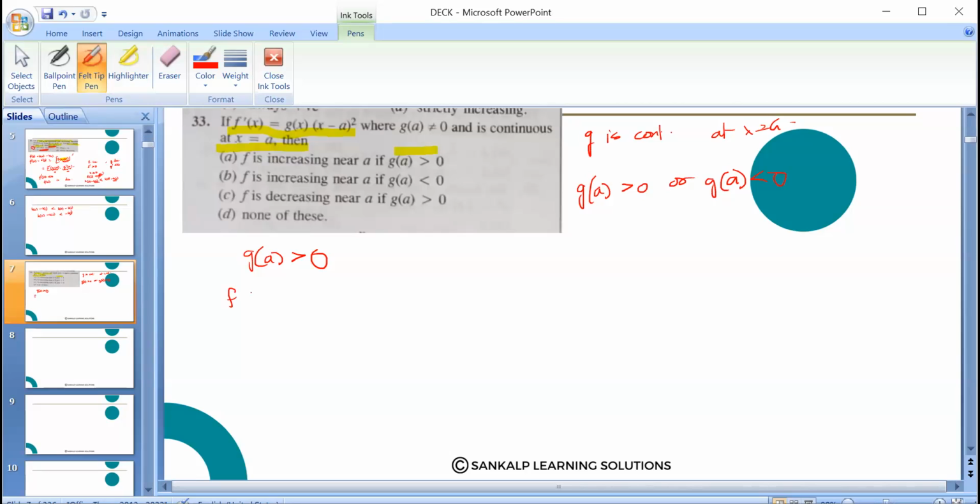Suppose if we take G of a greater than 0. Then what is happening? In f dash x, we have g of x and x minus a whole square. G of x is positive, x minus a whole square is positive. So on the whole, f dash x is positive.